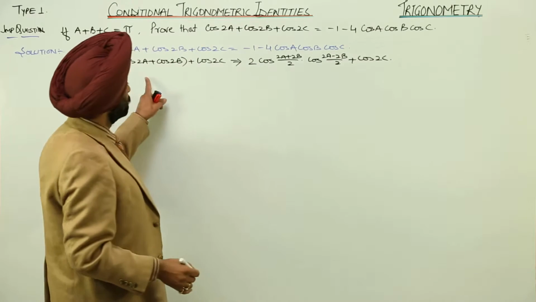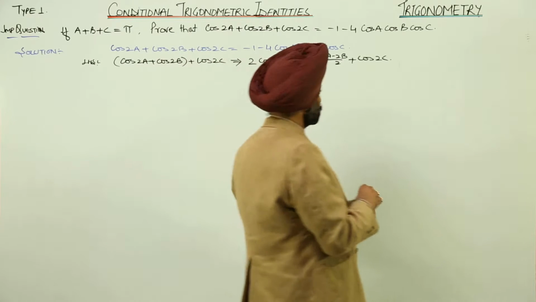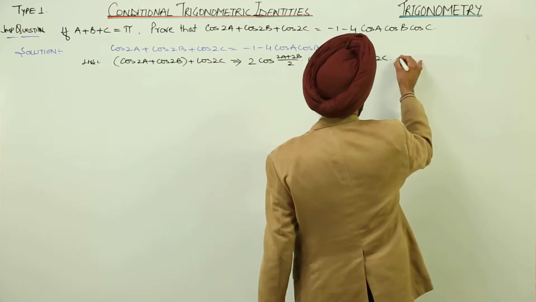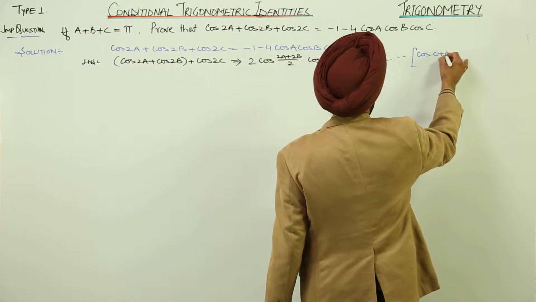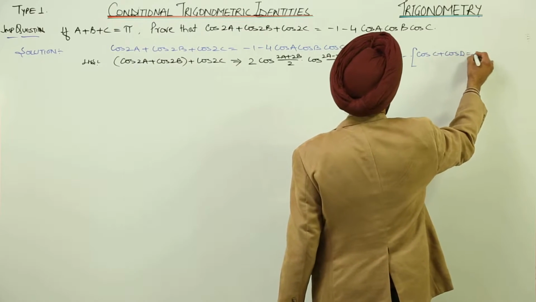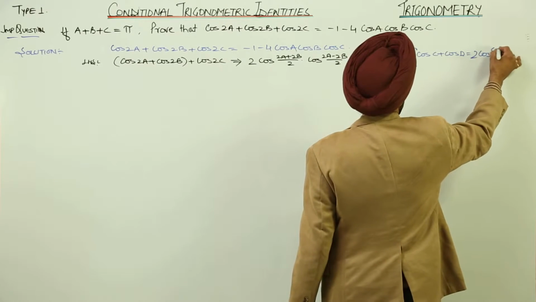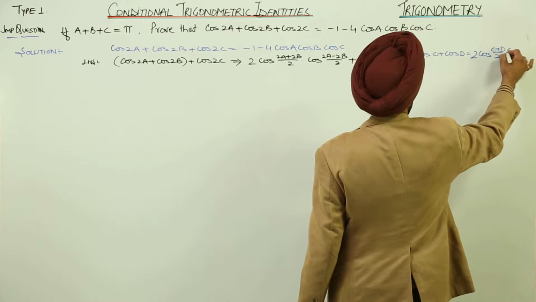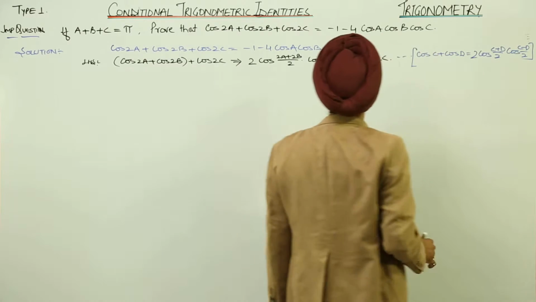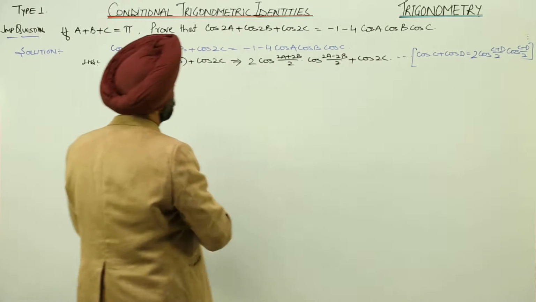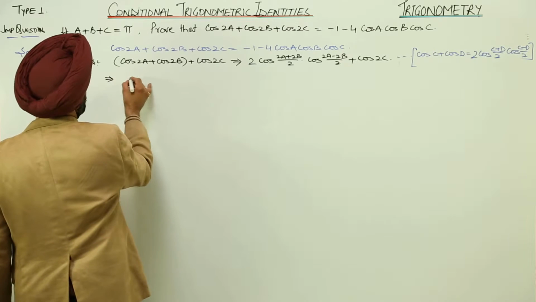We used the formula cos C plus cos D is equal to 2 cos (C plus D) upon 2 cos (C minus D) upon 2.